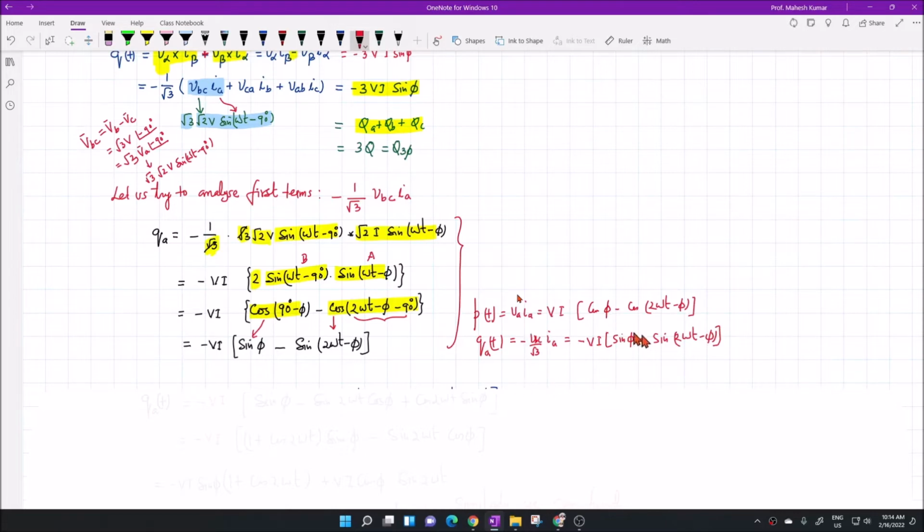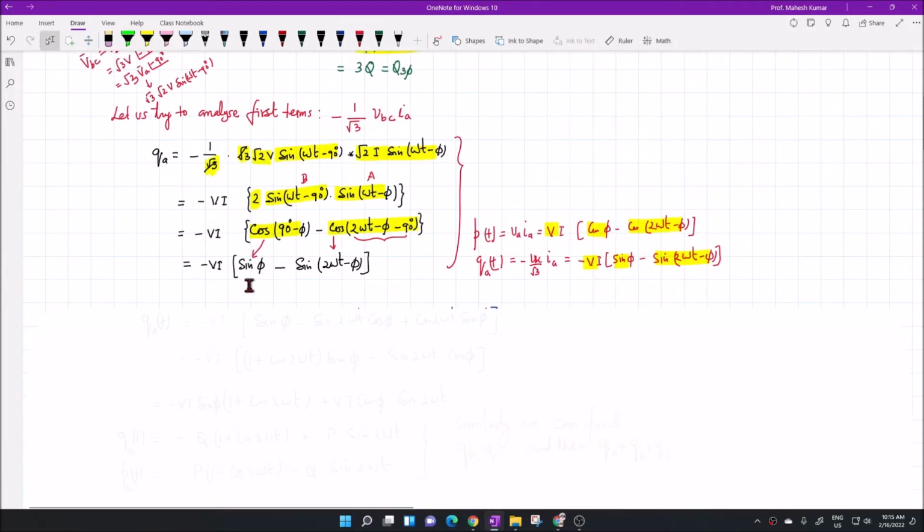You see there is quite a resemblance between the two terms. BI is common in both, and this is cos phi, this is sine phi, this is minus cos(2 omega t minus phi), this is sine(2 omega t minus phi).